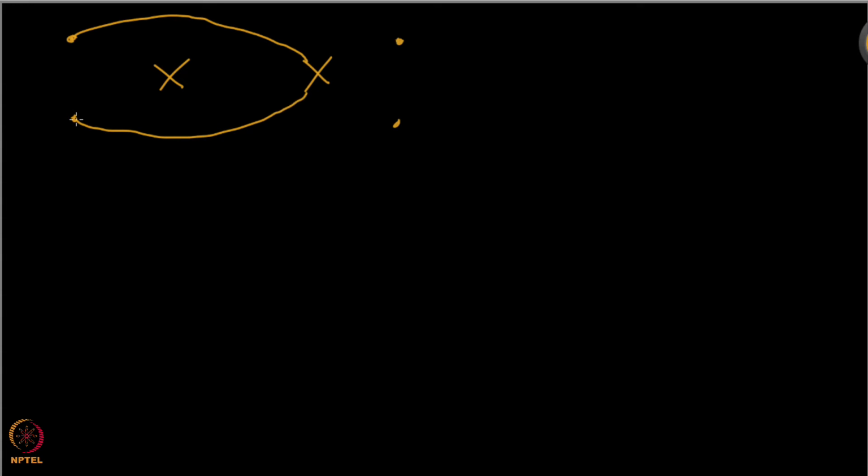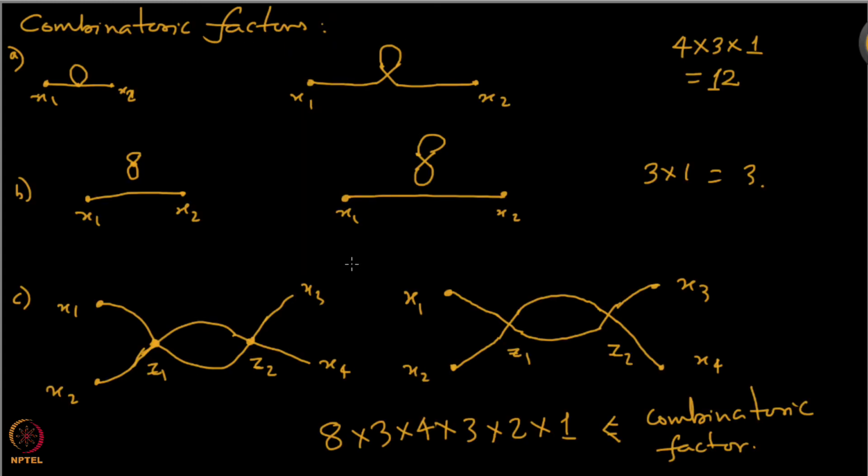So, it goes there. This one can connect like this, this one can connect like this, and then this here and that there. And this is looking bad, but it is the same diagram. Okay.